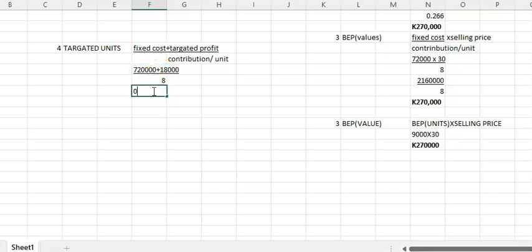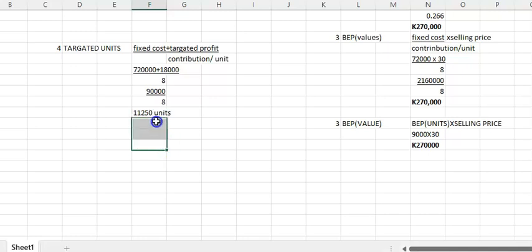This will be 90,000 divided by 8, which will give us 11,250 units.